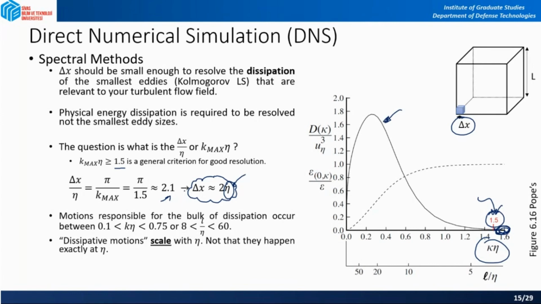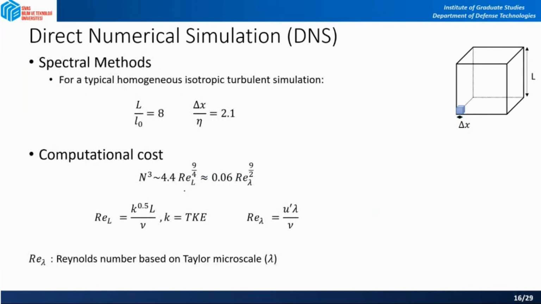They scale with eta. This is a very, very important thing. So in summary, in a typical homogeneous isotropic turbulence simulation, your L over L0 is 8, and your delta x over eta is 2.1.